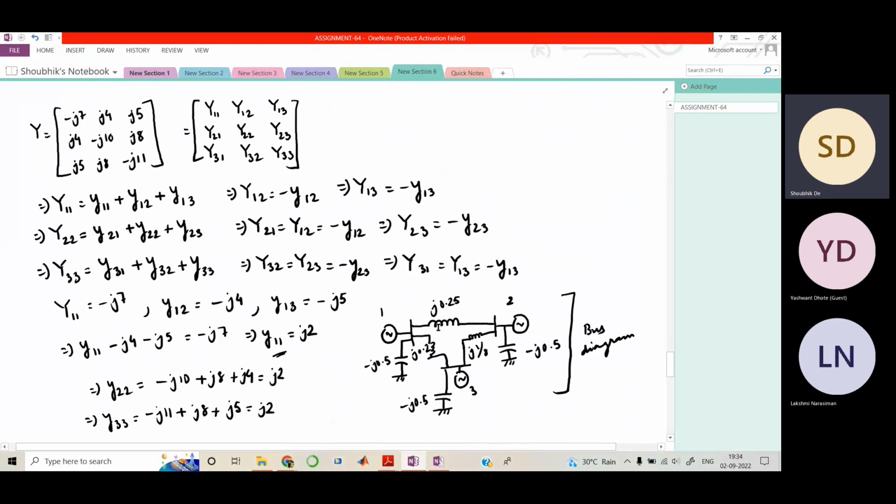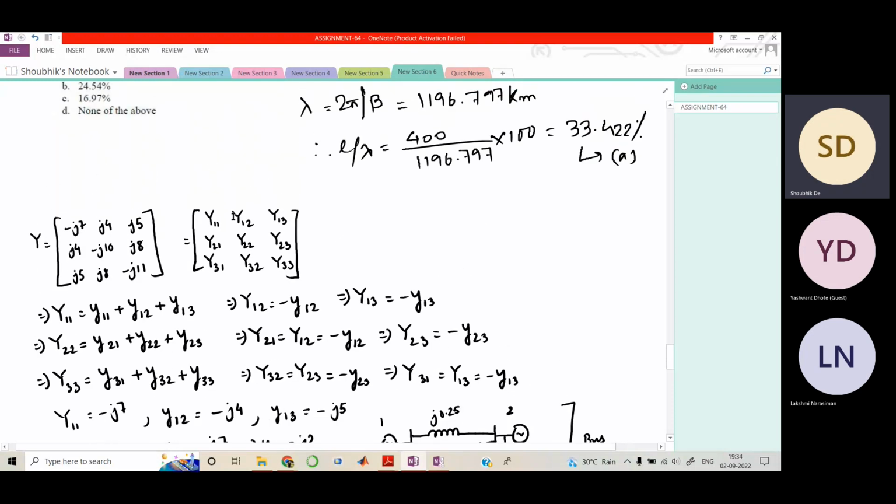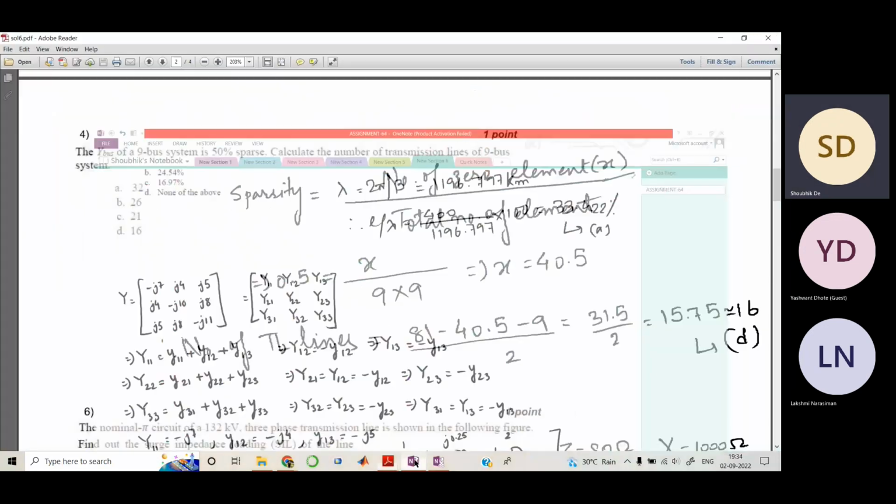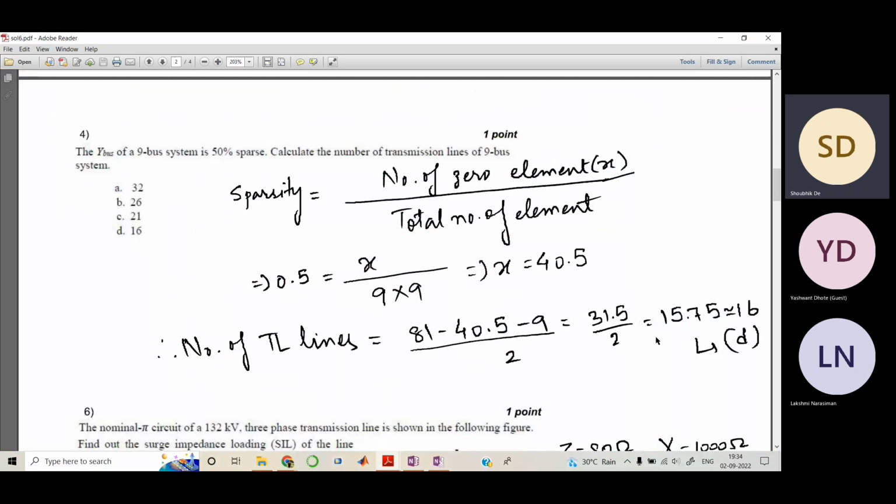Since this was a three transmission line network, between 1 and 2, between 1 and 3, and between 2 and 3, there were three transmission lines, y12, y13 and y23. That is why you have to divide it by 2, and when you do that, it comes out to be approximately 16, which is option D. I hope this was clear the way I explained.